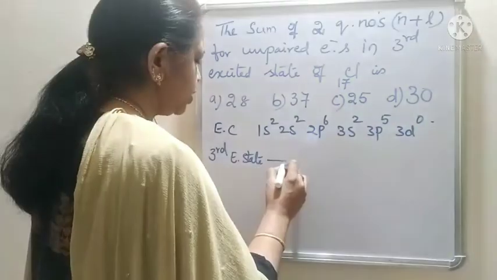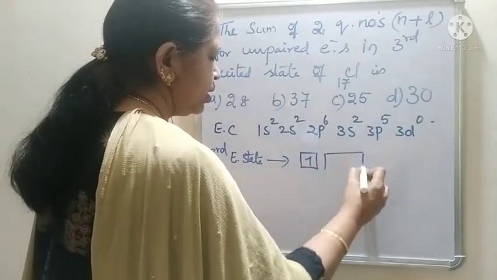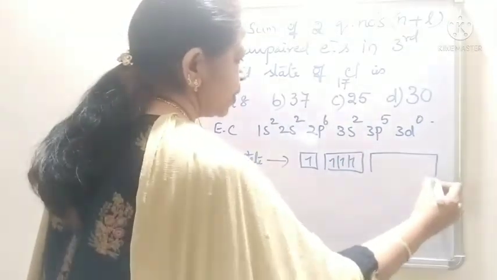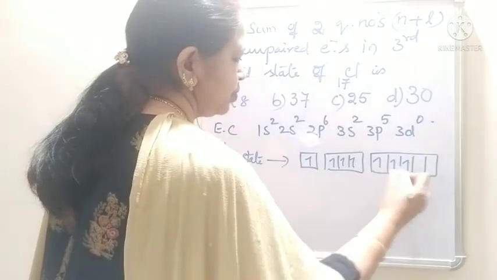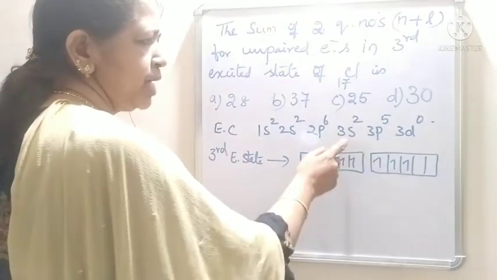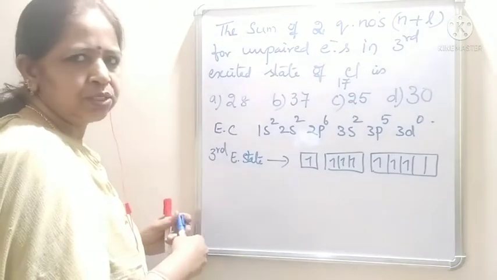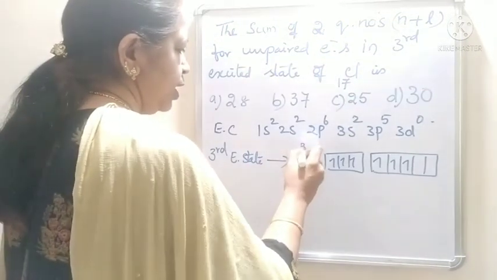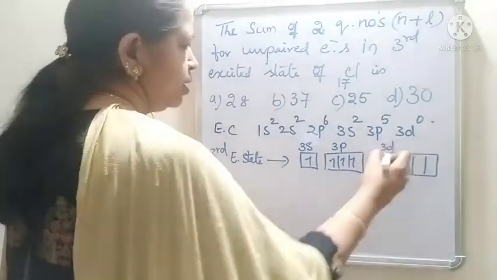So, in the third excited state the 3s orbital has 1 electron, the 3p orbitals have 3 electrons, and the 3d orbitals have 3 electrons. 3 paired electrons will get unpaired from the s and p orbitals in the third excited state of chlorine. So, 1 electron in the 3s orbital, 3 electrons in the 3p orbital and 3 electrons in the 3d orbital.